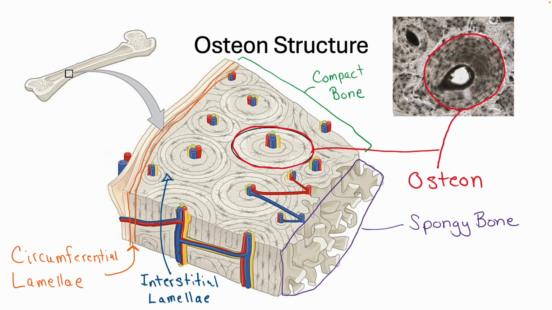The lamellae that really consist of the bone that's in between the osteon structure is known as the interstitial lamellae. And then the lamellae that are a part of the osteon surrounding it are your concentric lamellae.